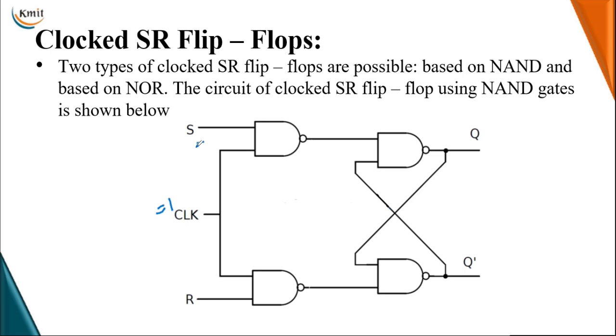Now when clock is 1, the outputs of these two NAND gates, 1 and 2, are dependent on your S and R inputs. So if S is 0, R is 0, again we are getting the same combination: the first NAND gate output will be 1 and the second NAND gate output will be equal to logic 1.